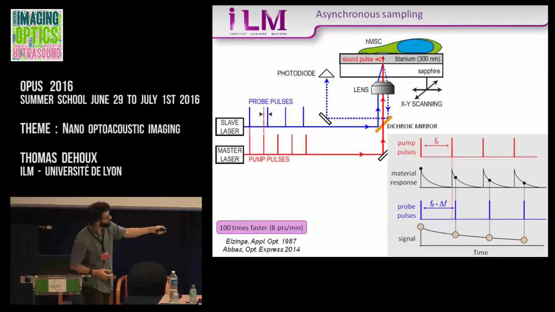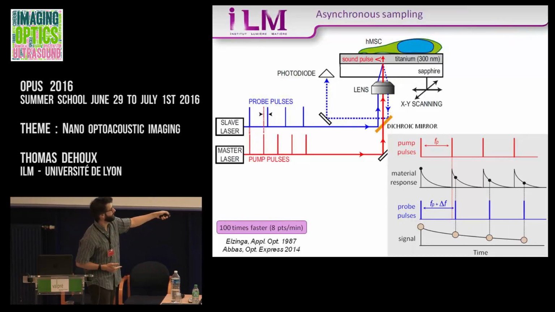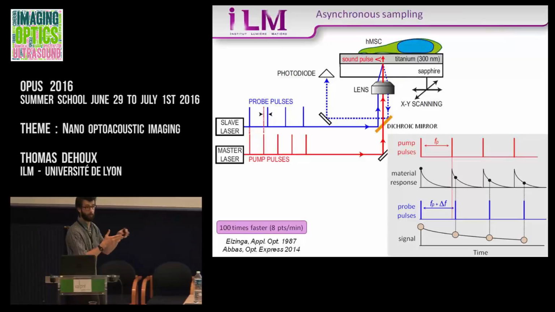But when you shift the probe pulses, what you get is a dilated time scale. You don't reconstruct the fast one, you reconstruct this one, which is much slower, and you're able to probe it.